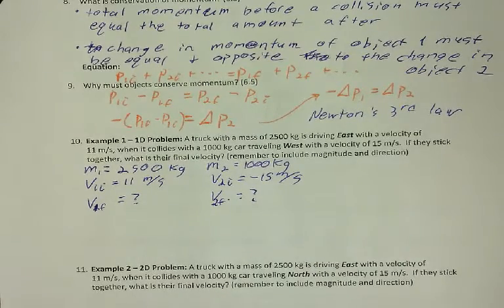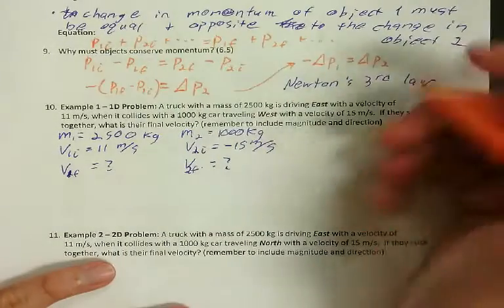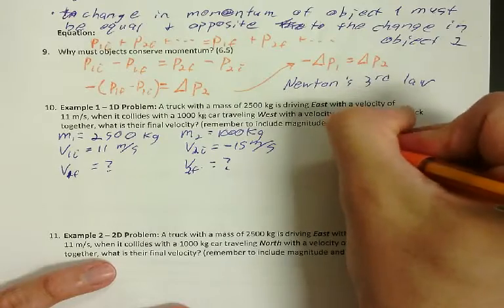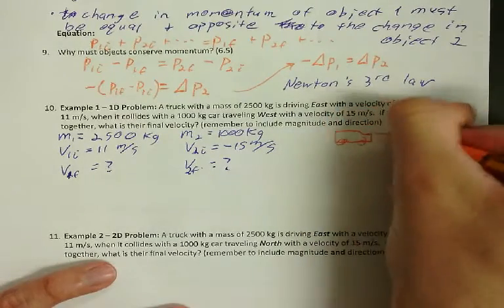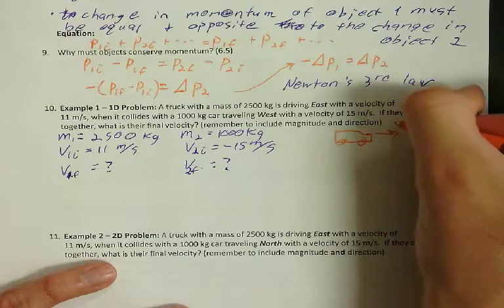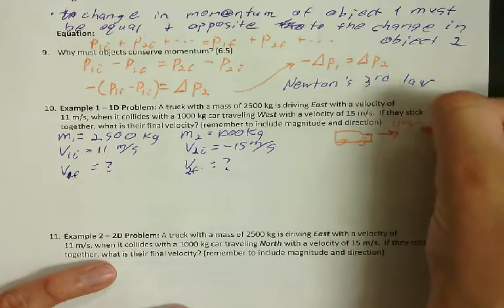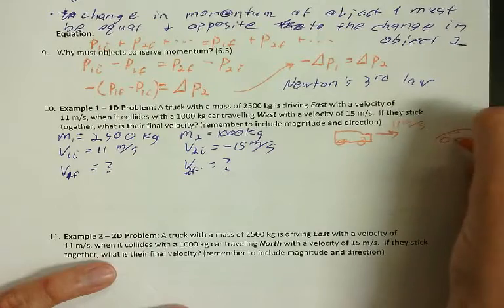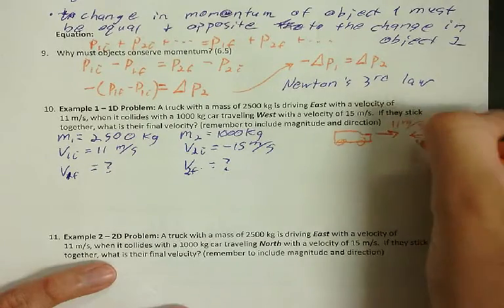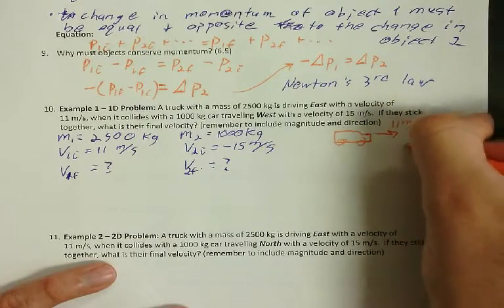Diagrams don't have to be super complicated, but you should try to draw what's going on. So here's my super well-drawn truck going east at 11. Here's my also incredibly well-drawn car going west at 15.